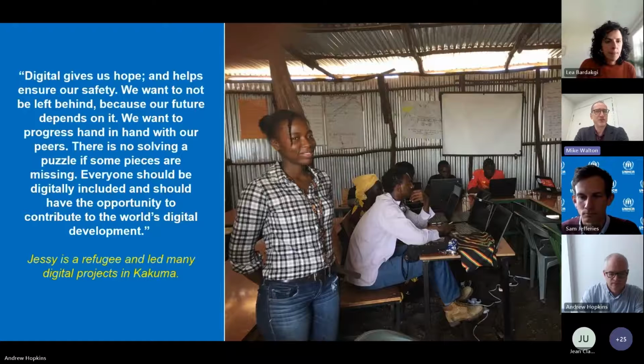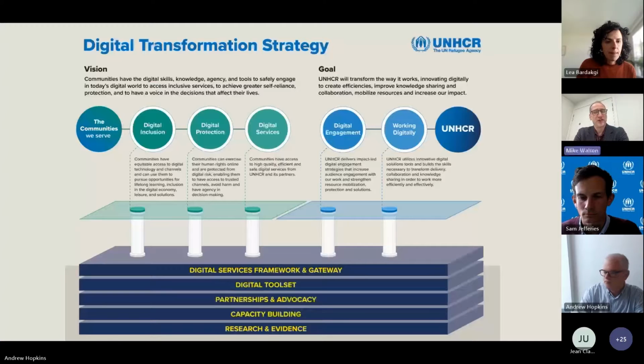The digital strategy focused on 5 key areas, and we're going to talk specifically about one of those areas today. The first of these priorities is digital inclusion.